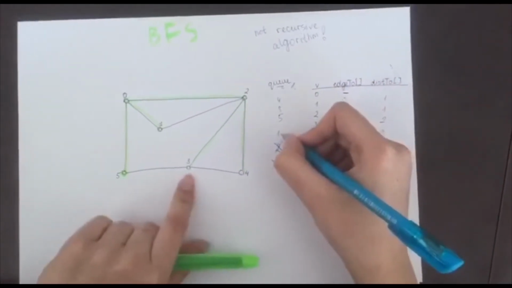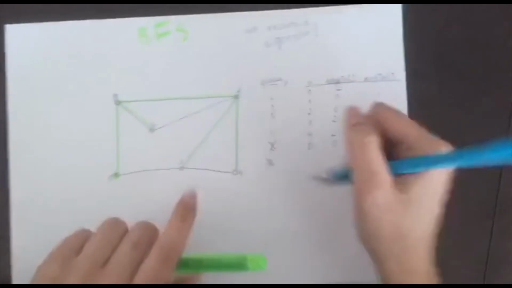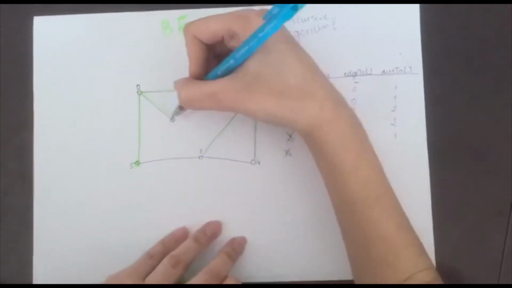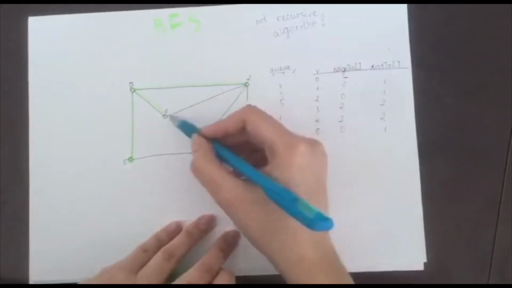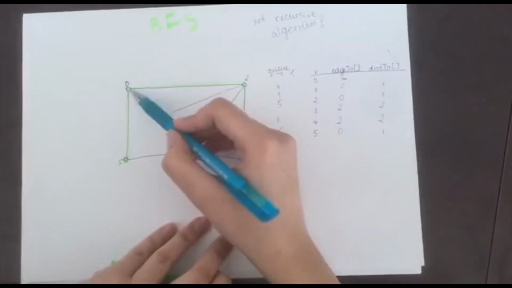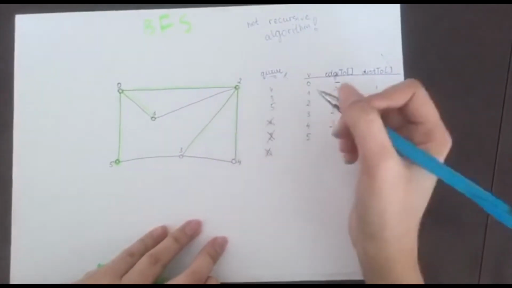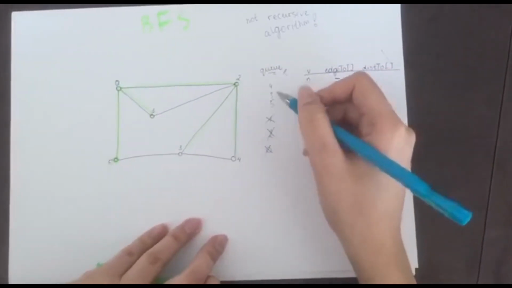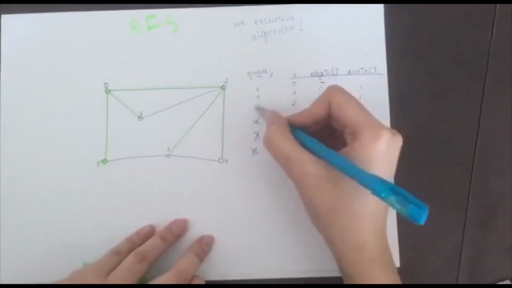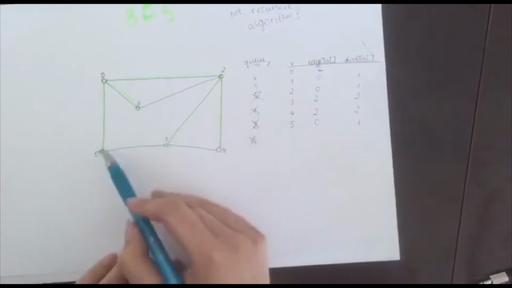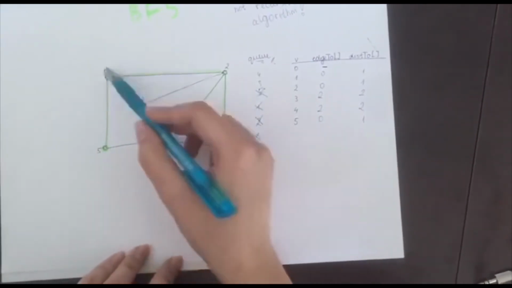So then we go to 1 and check its adjacent vertices, 0 and 2, but 0 is already marked, and 2 already marked. Then we dequeue 5 and check its adjacent vertices 3 and 0.